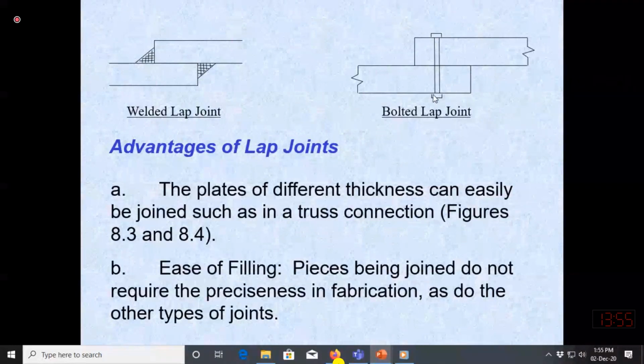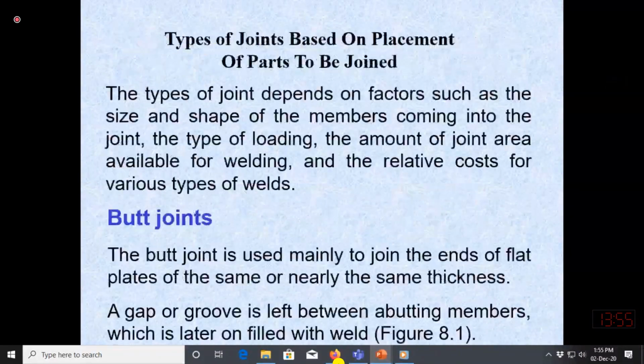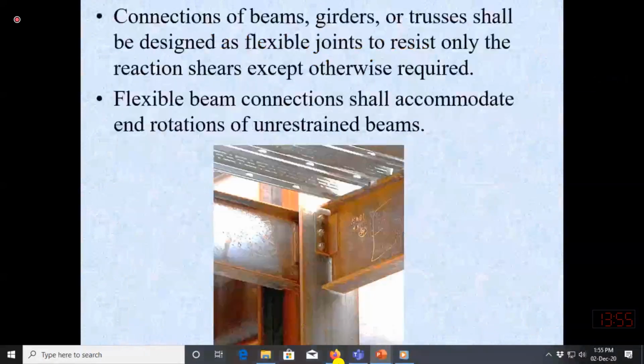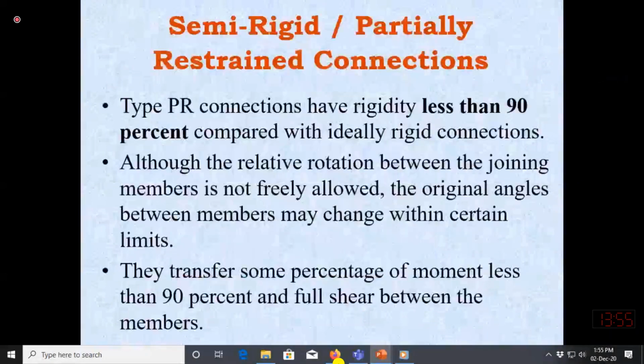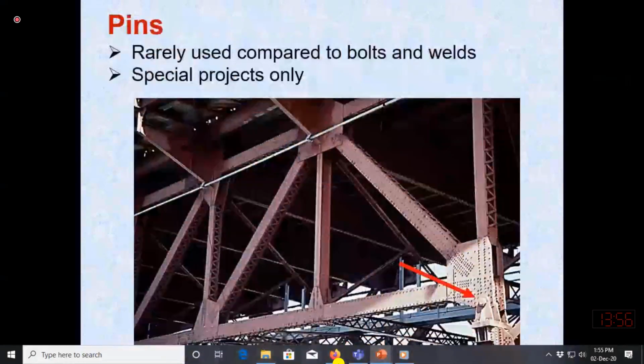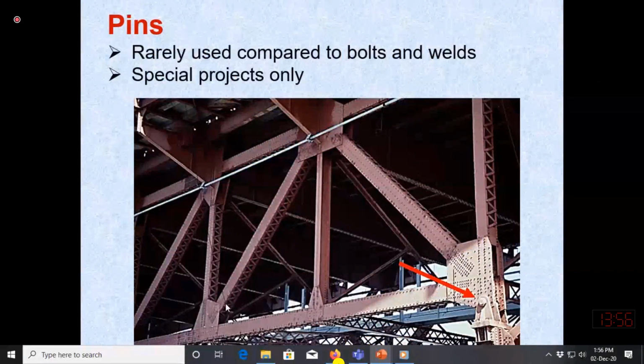The lap joint is what we provide in our truss connection. I have already shown the diagram. Yes, this one. This is an overlap or lap joint, because the centre line of this member does not coincide with the gusset plate. The gusset plate is lapped with our main member.